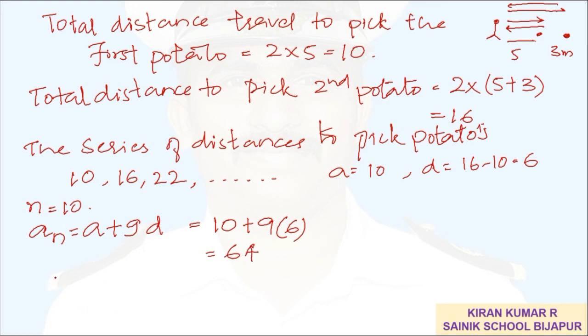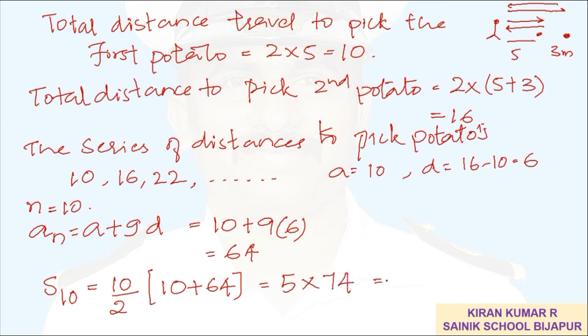We have to find out the total distance covered in picking up 10 potatoes. So 10 by 2 times of a plus an. A is 10, an is 64. So we get it as 5 times of 74, nothing but 370 meters.